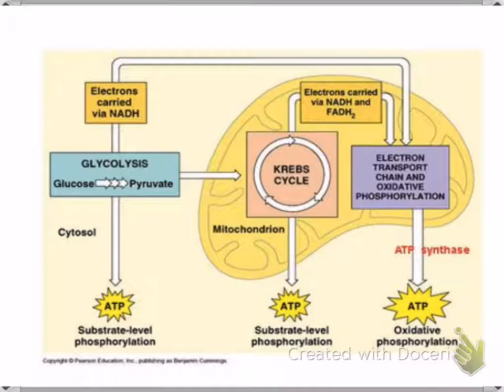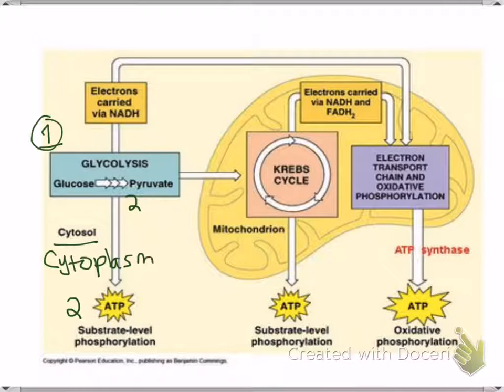So you can see here, step 1 in glycolysis, we take glucose and we turn it into pyruvate. We also make 2 ATP. This happens in the cytosol, or we can say cytoplasm. The pyruvate gets used in the Krebs cycle.